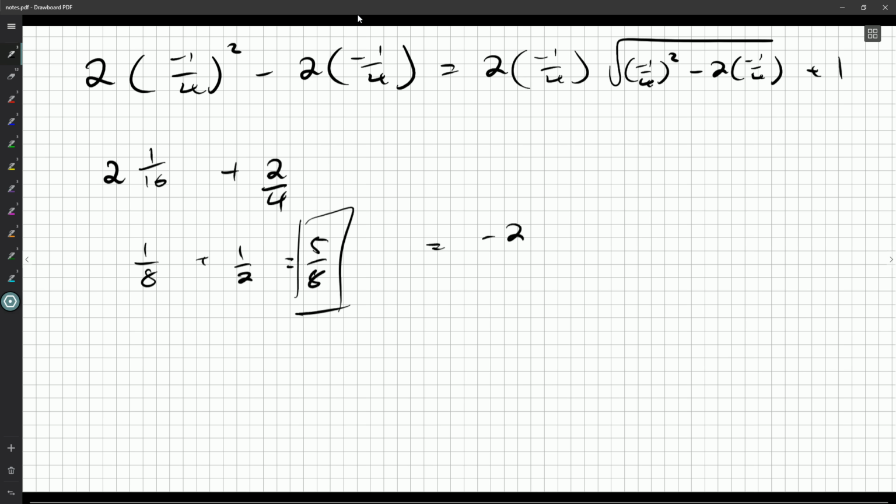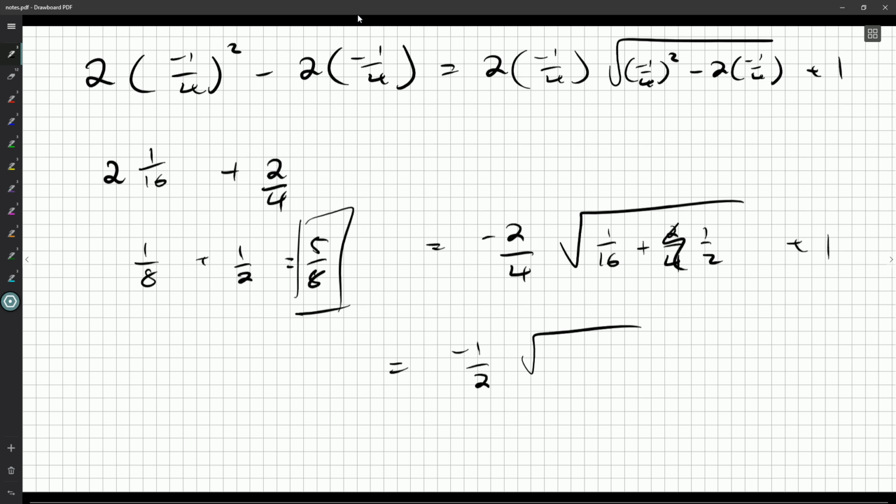So you'll have minus 2 quarters, so minus a half. And you'll have a 16th plus 2 quarters, plus 1. So that'll be minus a half on this side. That's a half.